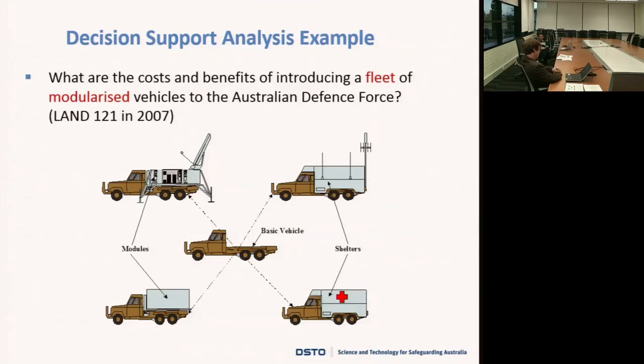And modules are fairly simply the thing in the back that you might be able to replace. Here you see a number of examples: a cargo module, an ambulance module, or a module where you can do command and control or other functions. So the function other than that of driving or moving the vehicle around can be separated from the vehicle and put on a different base vehicle.